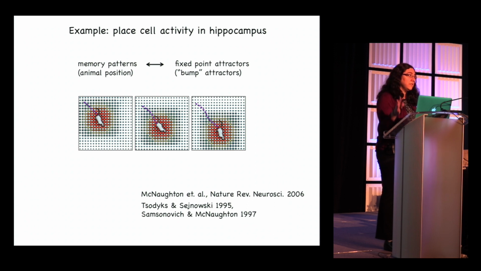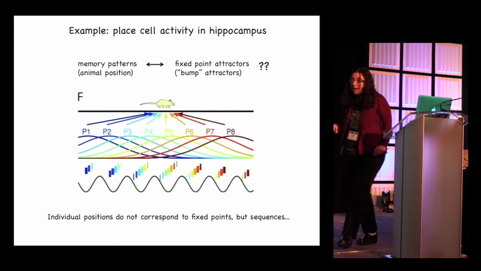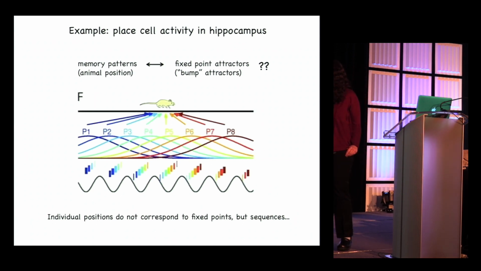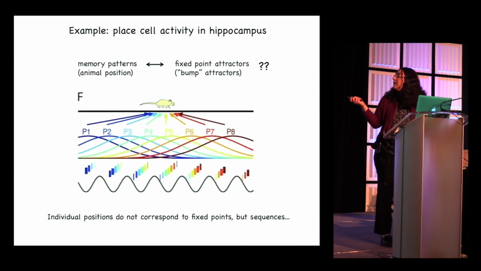Many of you know this stuff way better than I do, so I'm just jogging your memory here. One of the things that I thought about a little bit over the years was actually this model. I've worked with bump attractors too. I have some papers in this, and I like it.